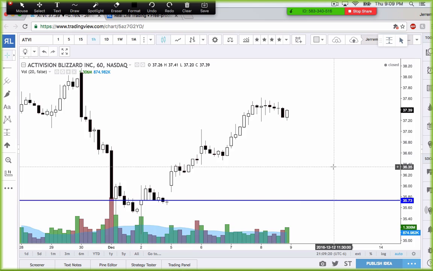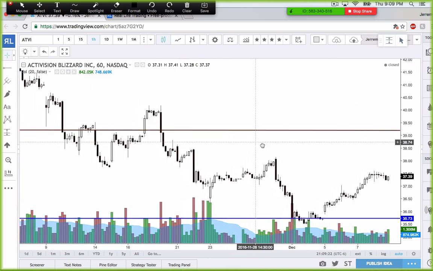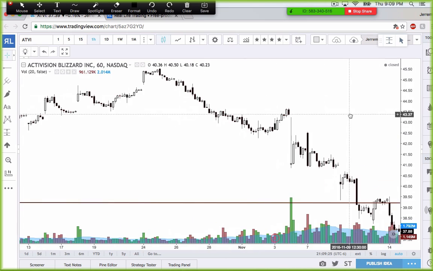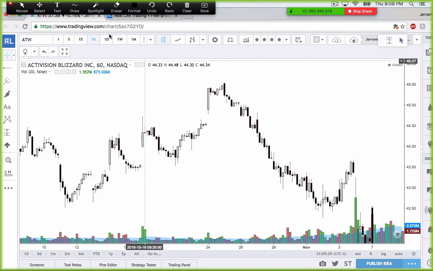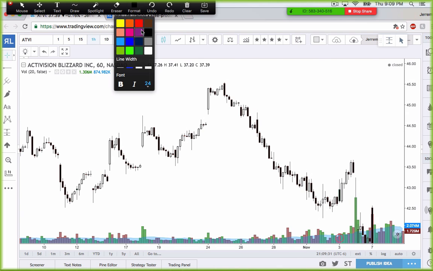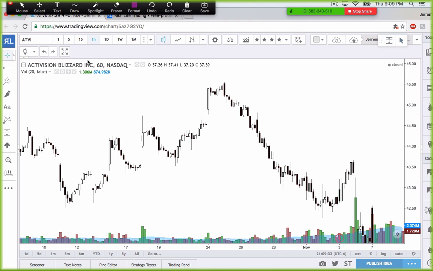All right, so let's talk about the double top. So the double top, my friends, is the exact same thing as a double bottom, except in reverse. Now again, it's not going to look exactly like you want it to, but here's a double bottom right here. That's a double bottom. Now this is a beautiful example. So before I draw it, ladies and gentlemen, yes or no, did we retest the neckline?